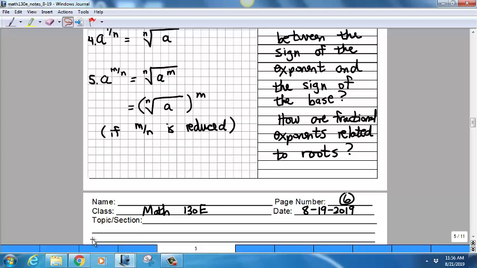What this rule says is, it's written down in symbols here, but when you have a base raised to a fractional power, this can be any fraction, as long as the fraction is reduced. That's one little catch to this rule. The fraction has to be reduced. If it were the fraction 2/4, you would have to reduce that to 1/2 for this rule to be valid.